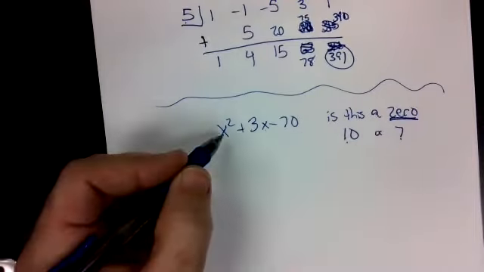The way 4.4 is going to start is they're going to give you the zeros. For example, 1 and 4.